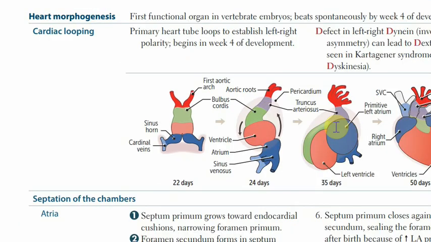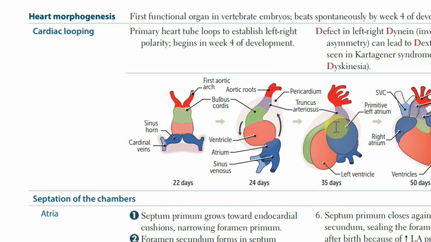So, heart morphogenesis, the making of the heart. How many chambers does the heart have? 4. When does the heart start beating? At 4 weeks, when the heart begins this looping process that we'll speak about in a moment.